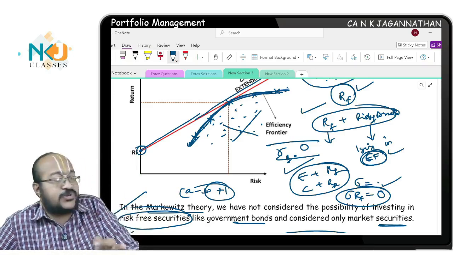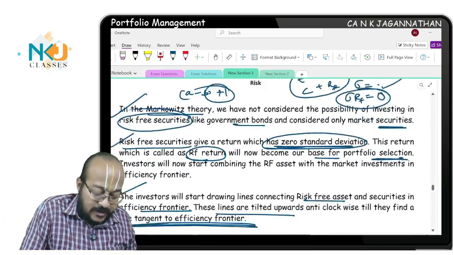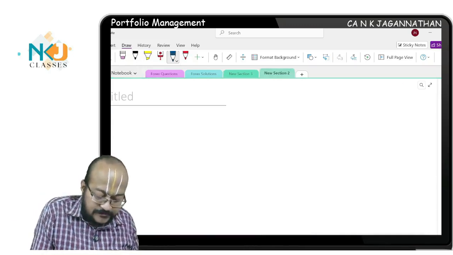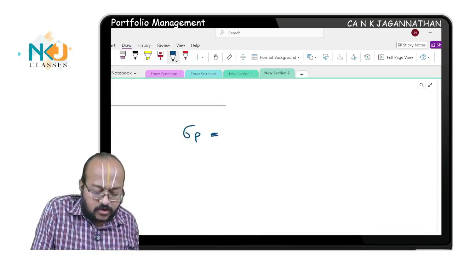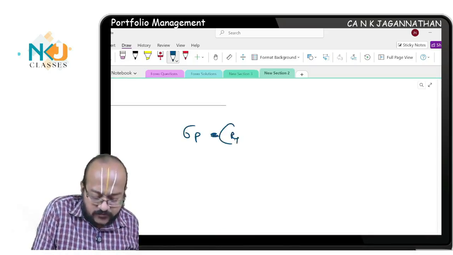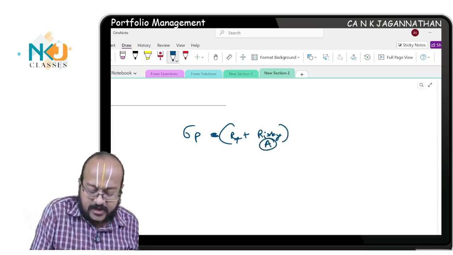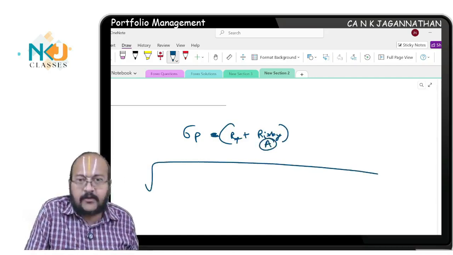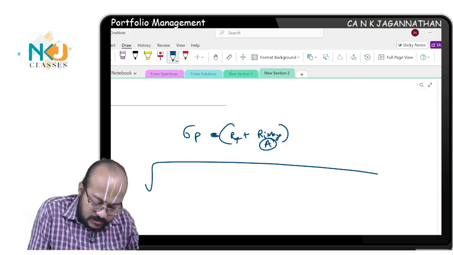And there also, I'll show you. What is the standard deviation of a portfolio which consists of a risk-free asset plus a risky asset? Assume this risky asset is A, correct? The standard deviation of the portfolio formula will look like this. I will elaborate and then I will cancel it off. This is RF.